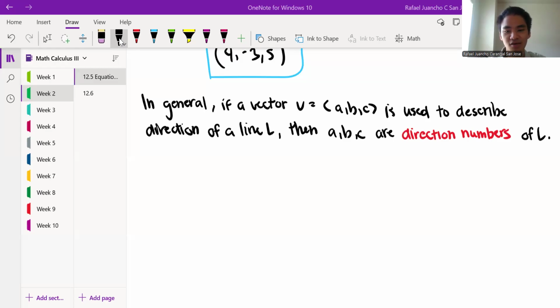Another way of describing a line L is to eliminate the parameter t from equations 2.